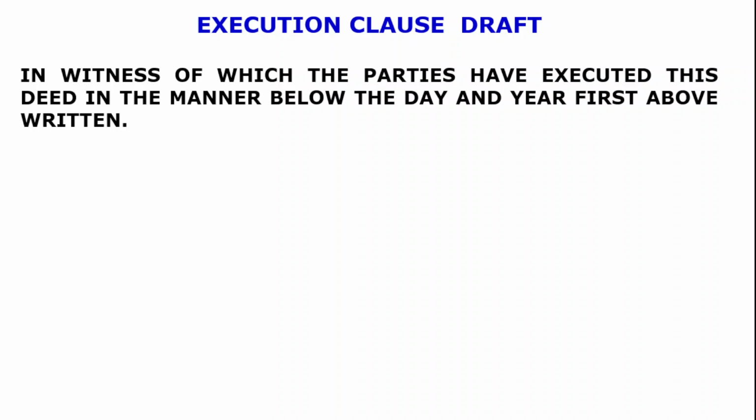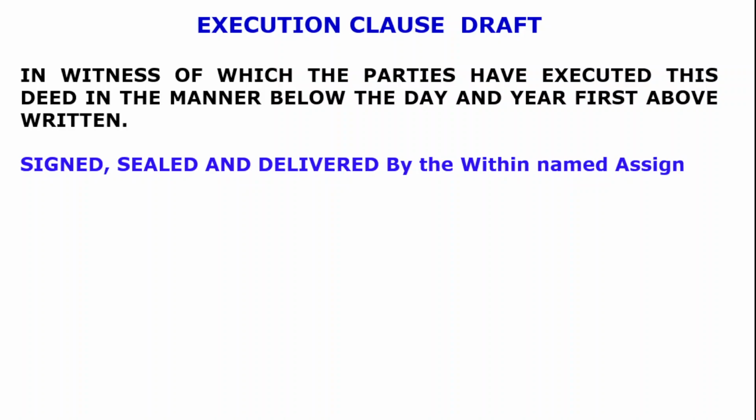execution clause by writing it this way: signed, sealed, and delivered by the within named assigner. Of course, in recent times it has been said you don't need to write seal, but it is not of any consequence if you put it there. Signed, sealed, and delivered by the within named assigner. You draw a straight line, and then you write the name as said in the scenario.